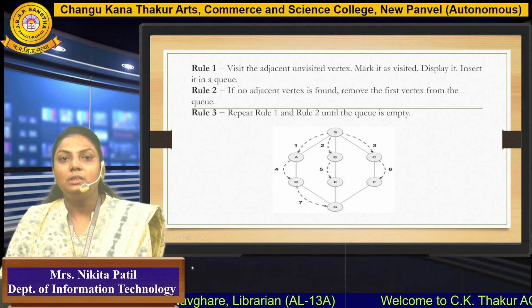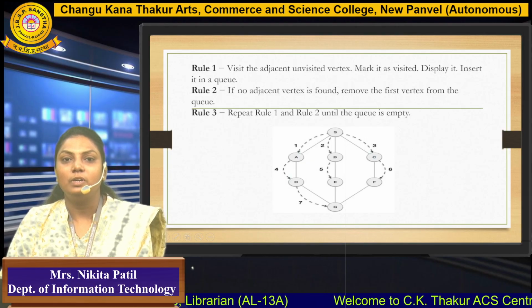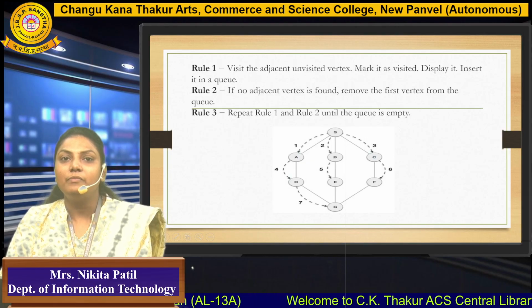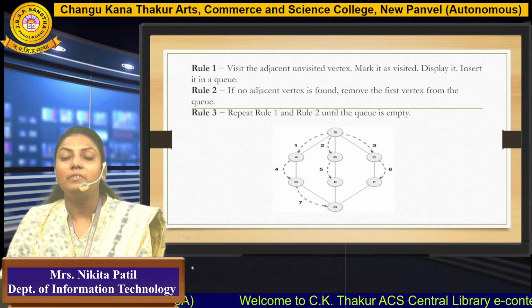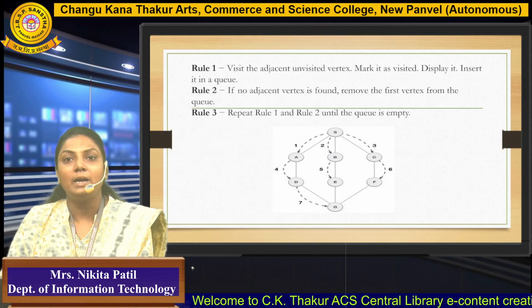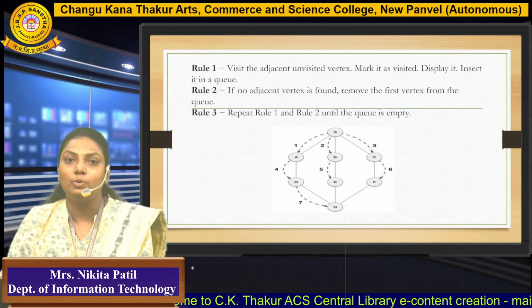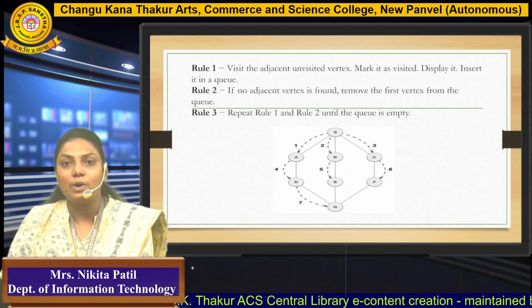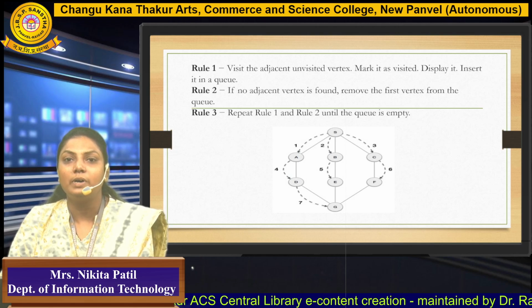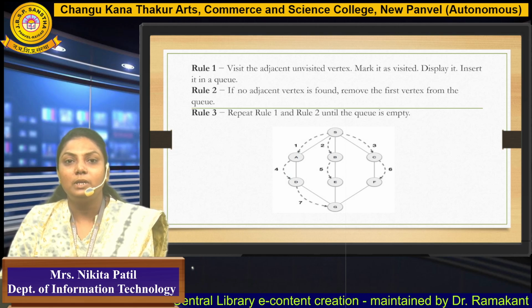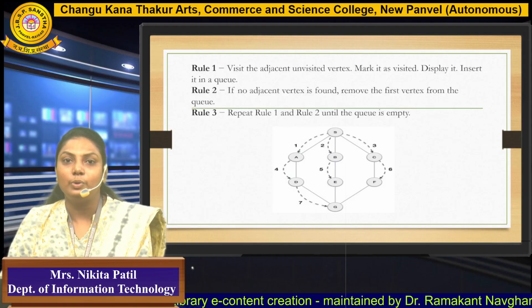So see the rules of how BFS happens. First, visit the adjacent unvisited vertex, mark it visited, display it and insert it into the queue. If no adjacent vertex is found, remove the first vertex from the queue. Repeat rules 1 and 2 until the queue is empty.